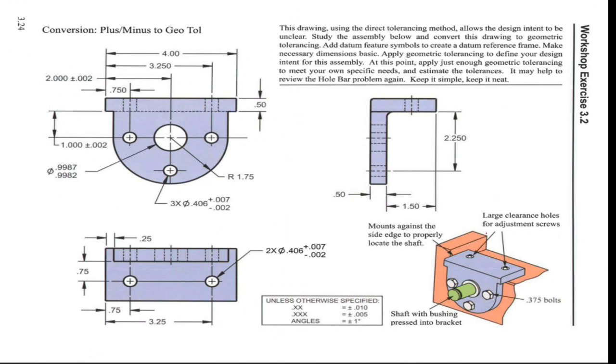So here we have to define the datum feature symbols. If I say this surface is my primary datum feature, I can define it here as my datum feature A, and I can define my datum feature B over here, which is this side.